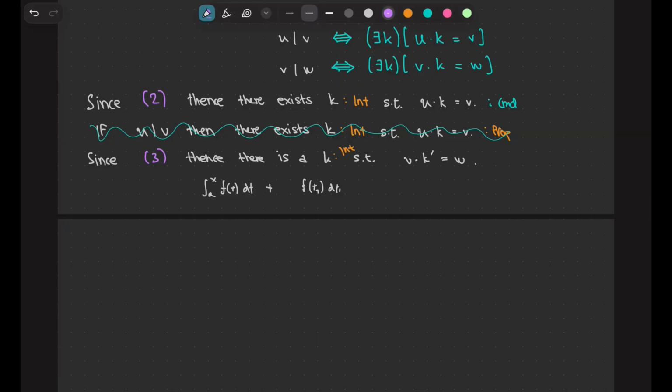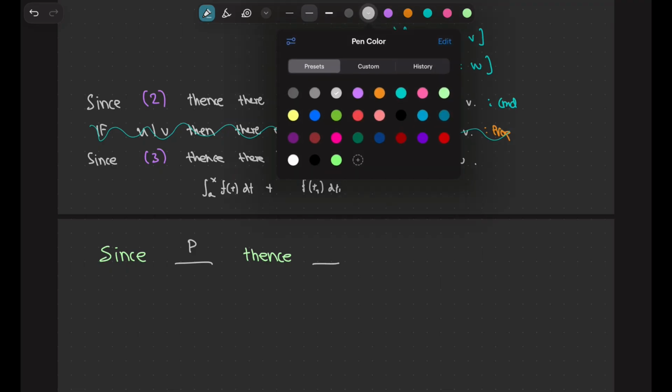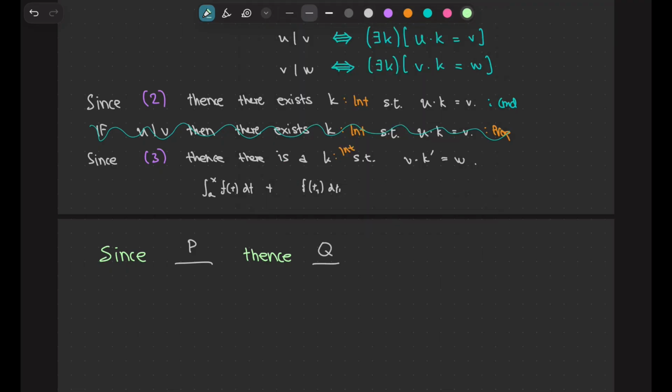If I write this, since, let's say something, let's call it P, then some Q. If this command is to be executable, it should be the case that the use of P gives me Q. And the effect of this command is, okay, then give me Q. It's like how I want to say use stuff.